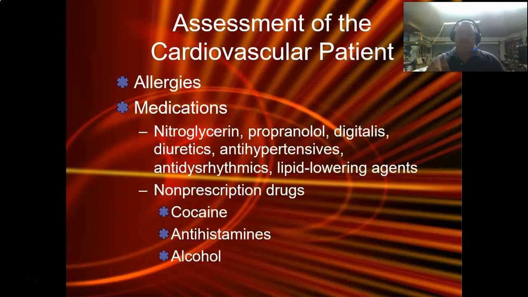Again, allergies, medications, find out what they're on, including the non-prescribed drugs. Antihistamines can cause a certain degree of chest pain. It can also kind of lead us towards, they use them as a cough suppressant. Again, cocaine use is kind of a big one. Alcohol will give the sensation of chest pain as well.